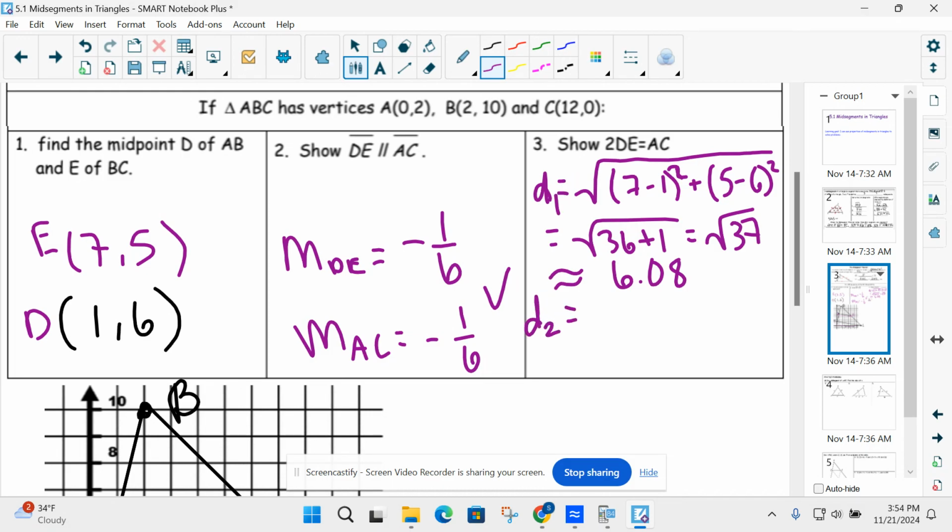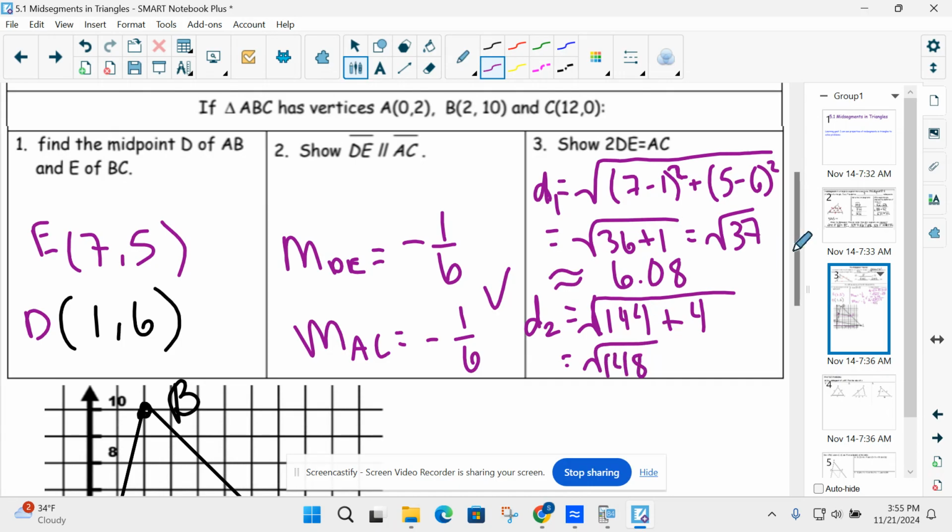Our second distance, we're using AC, so A to C. For that one, you're doing 12 minus 0 squared, which is 144, and then 2 squared, which is 4, and that is the square root of 148.